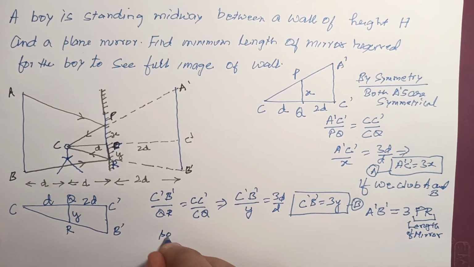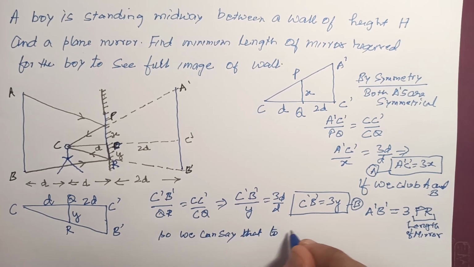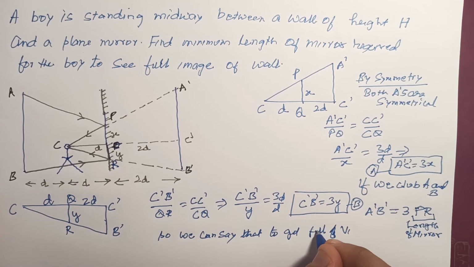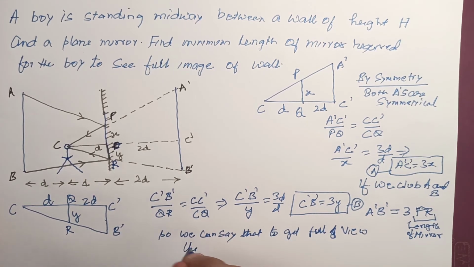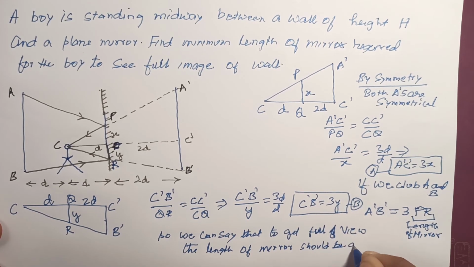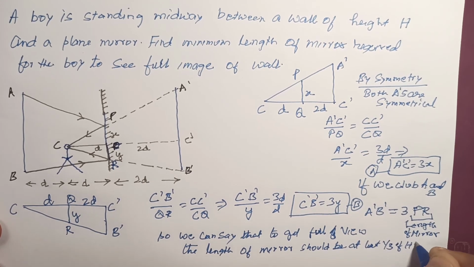So we can say that to get the full view, the length of the mirror should be at least 1/3 of the height h.